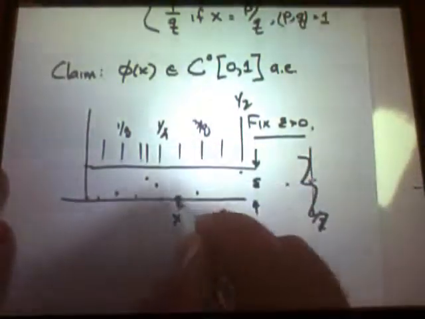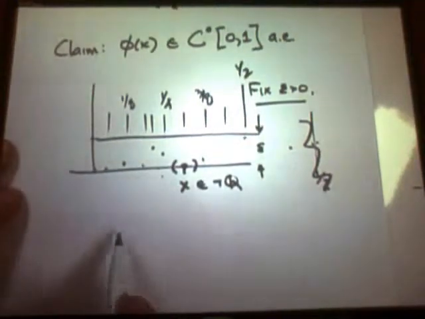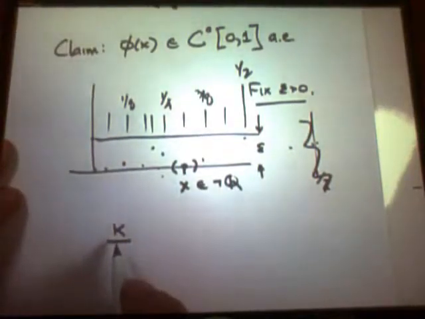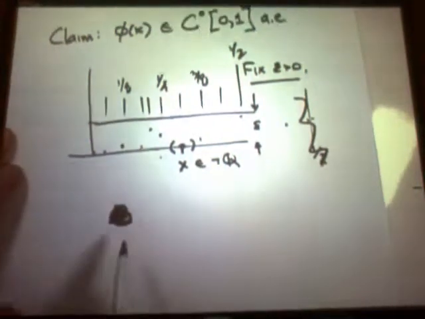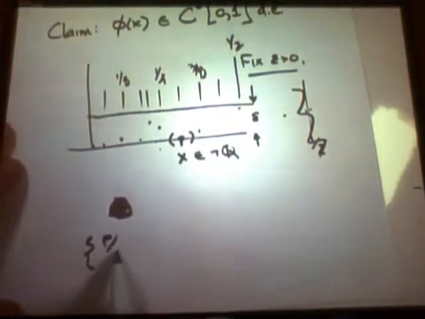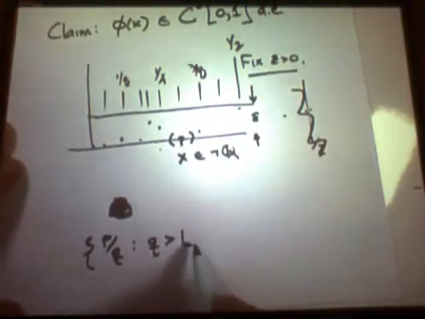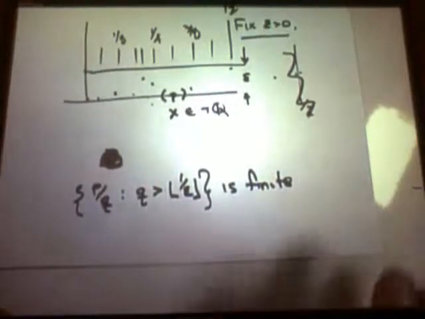Is it clear that we can find a little interval where all numbers of the form p over q, in the end, are excluded? The set of numbers p over q, where q is less than the greatest integer in 1 over epsilon, is finite. Is it not?